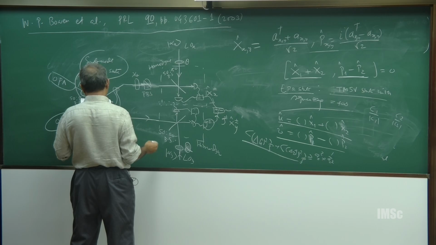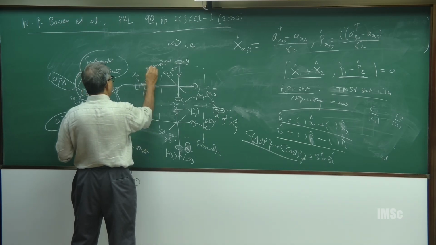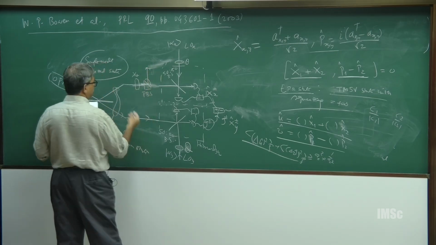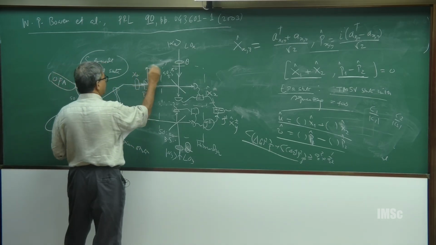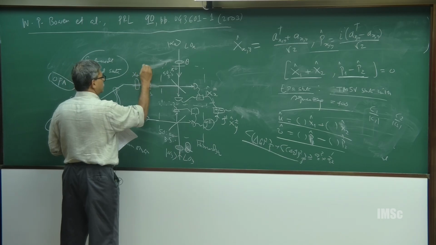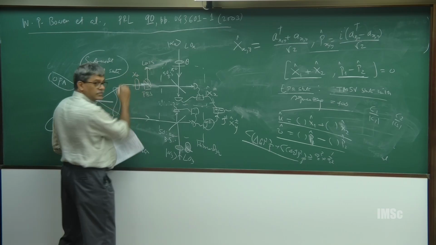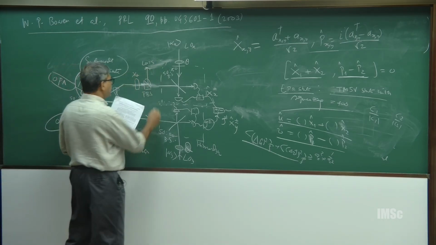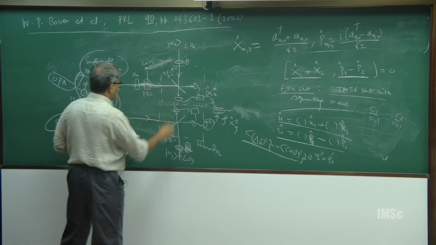In one arm you detect, and there will be some loss. So this corresponds to loss. You do not take care of what is there, and then the other one goes here.